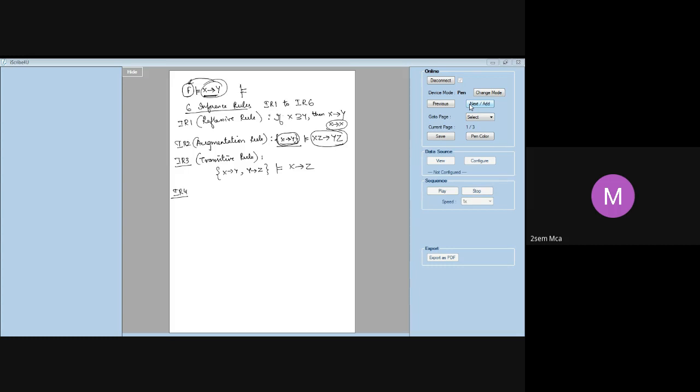IR4: decomposition or projective rule. Names you should follow, remember very well.